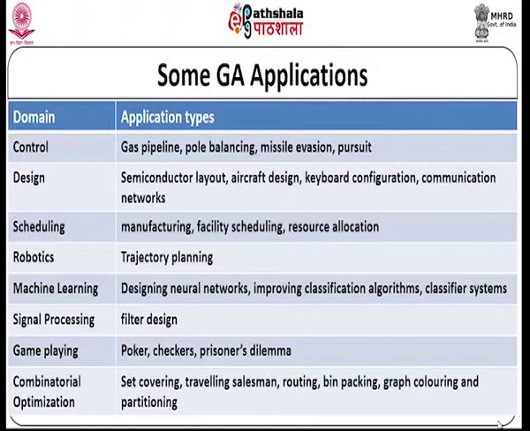Robotics has also been tried out, for example in trajectory planning. So, these are some of the GA applications. There are other applications also. We have given one type of domain as a classification; you can have other classification types also.